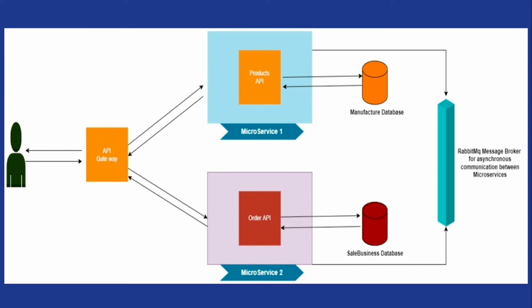I'm going to close this video by creating databases for my microservice application. Here you can see there is a manufacturer database and a sales business database. Each database is consumed by the respective microservice. I am going to show some scripts to create the databases and tables for the respective microservices.